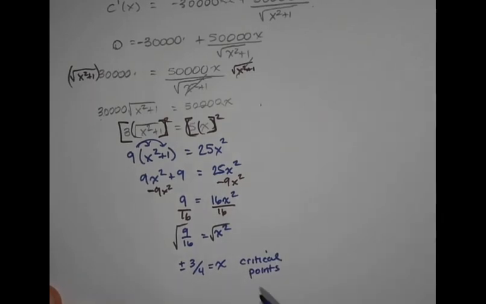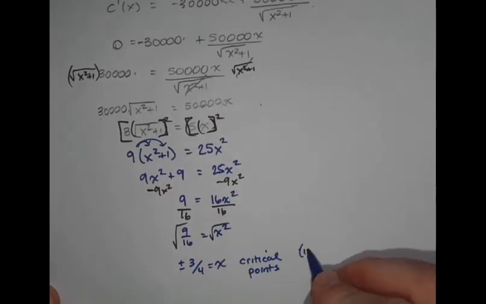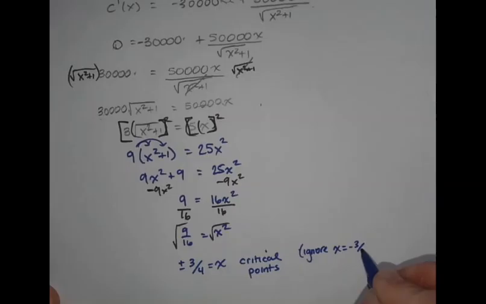Now, for this question, the negative 3/4 doesn't make sense because it's not a length. So we can ignore x equals negative 3/4. Okay, so this is the only one we're looking for.